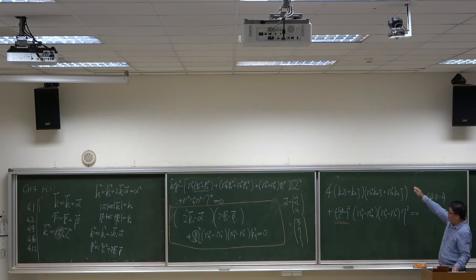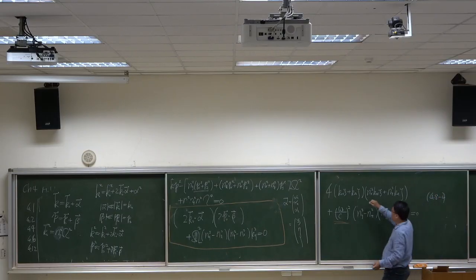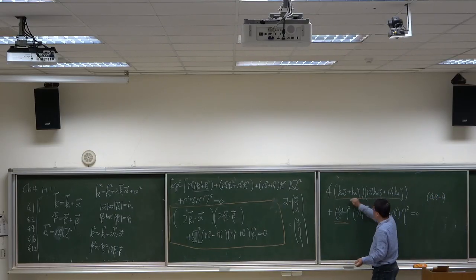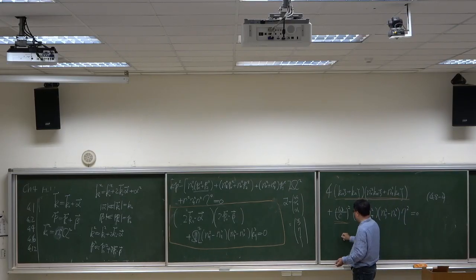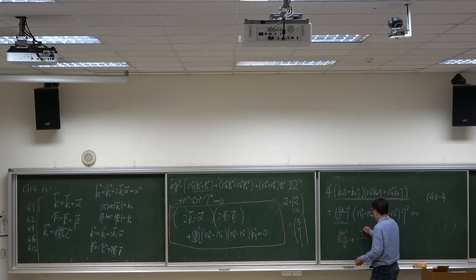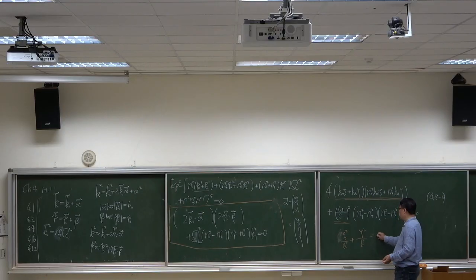And what does this equation mean? You can try to diagonalize this part and get something like this: cos squared over a squared plus zeta squared over b squared equal to something like this, eta squared.